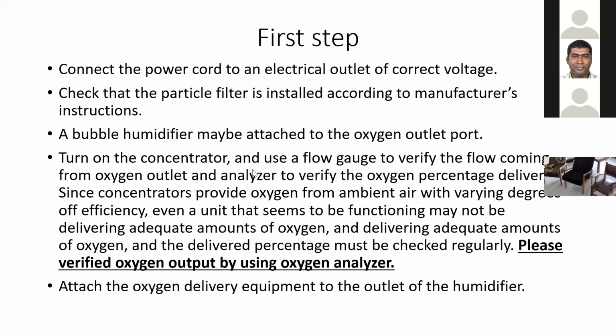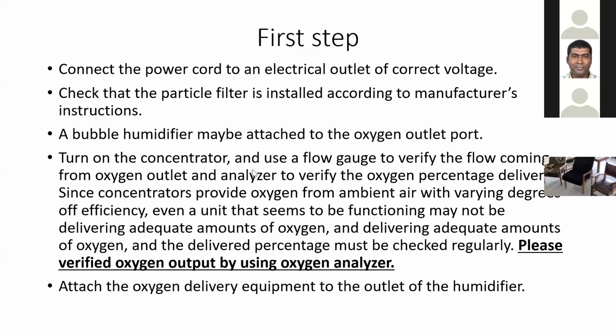So how do you check the oxygen percentage? You have an oxygen analyzer to verify the percentage. Normally you need to have some sort of checklist before you verify. Before you verify the oxygen on the concentrator, sometimes you end up getting a buzzer.